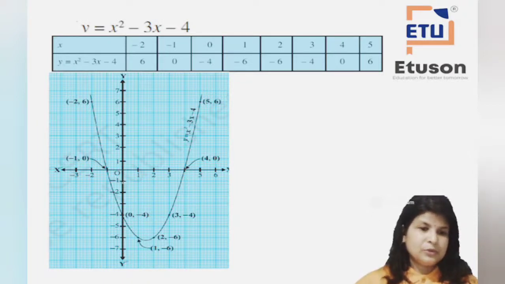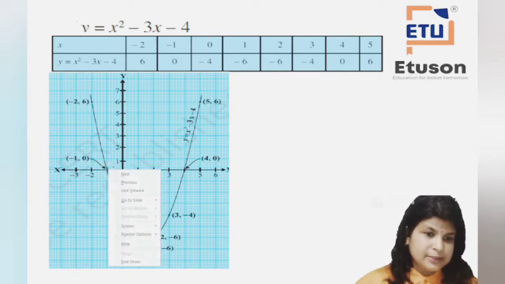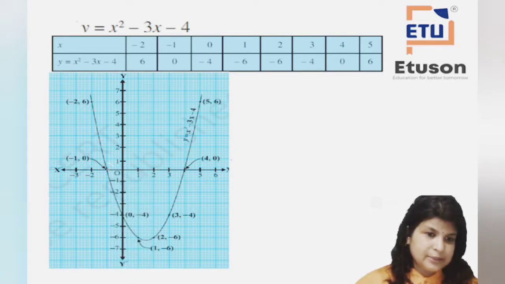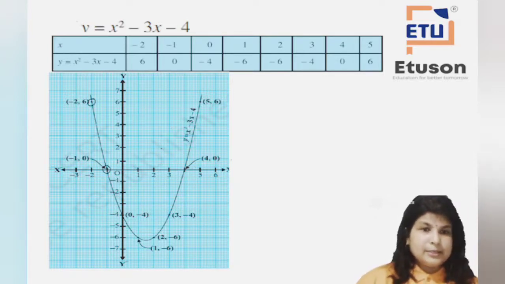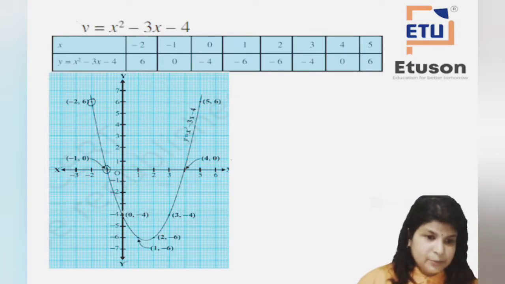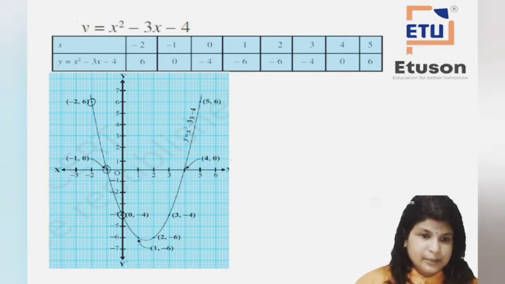So x is equal to minus 1. This is the point, right? So I will mark it. This was your first point, this is your second point. Next point is 0, minus 4. Next point is 1, minus 6.